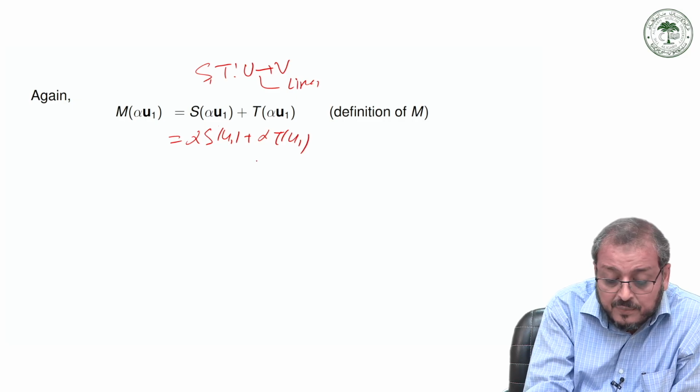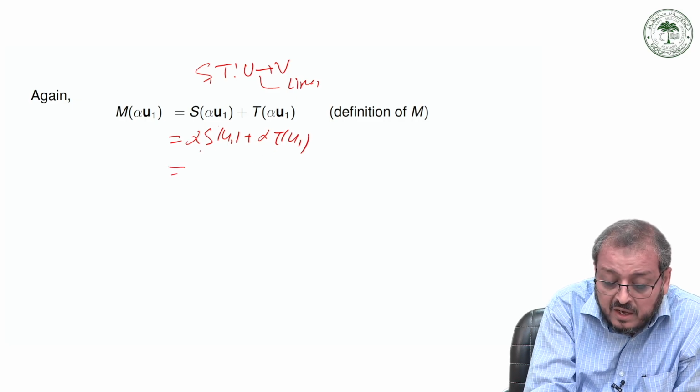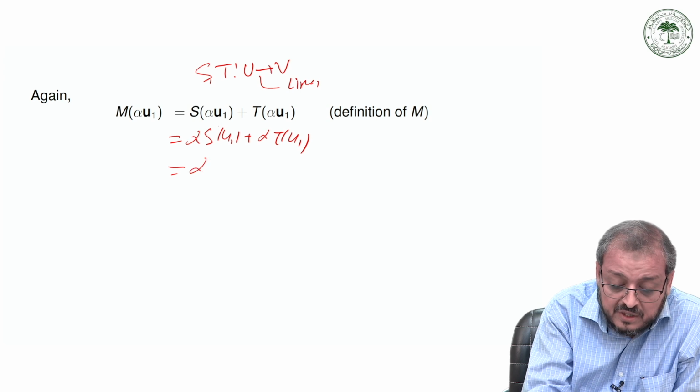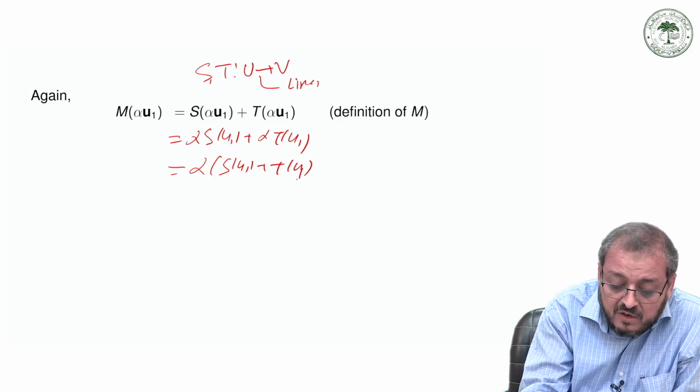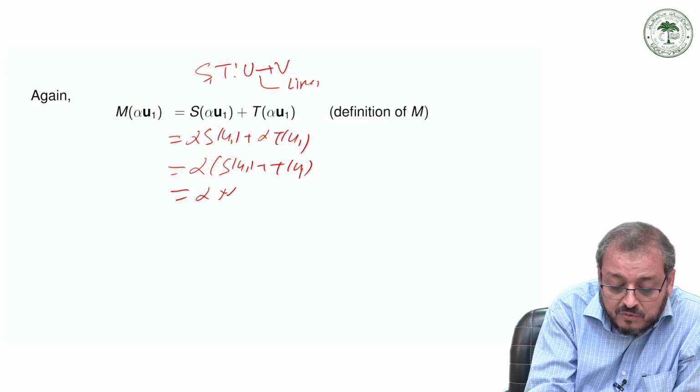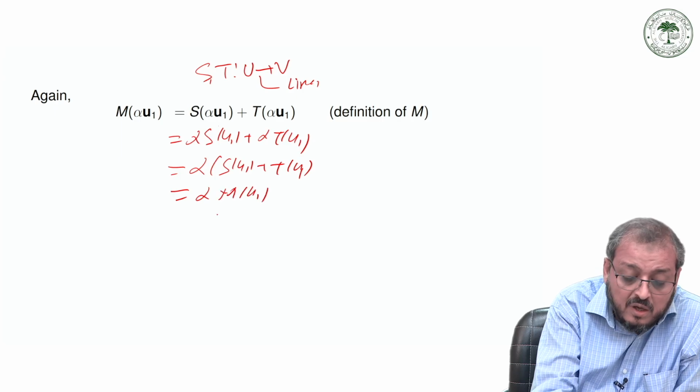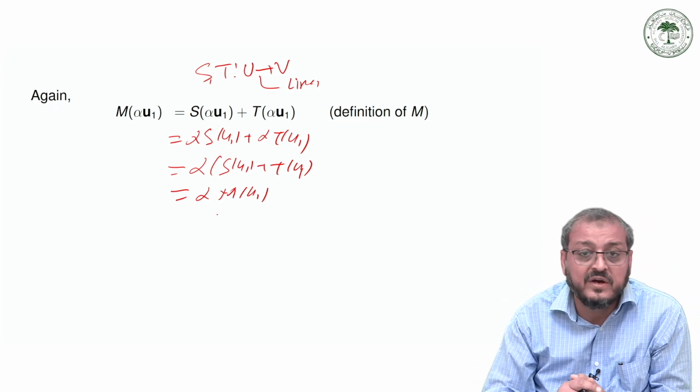And now because this is a vector space, this can be written as alpha times s of u1 plus t of u1, and this is equal to alpha times m of u1.